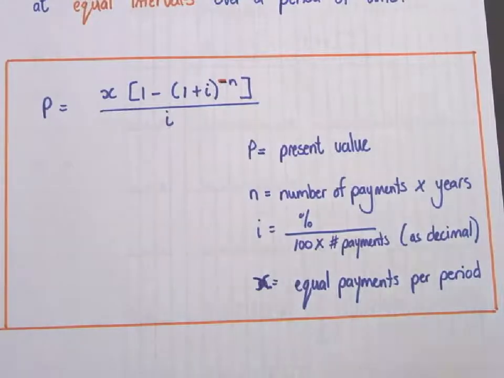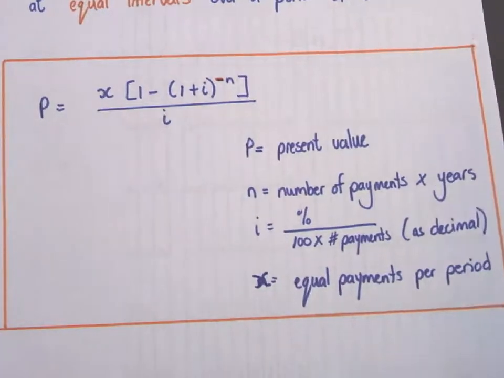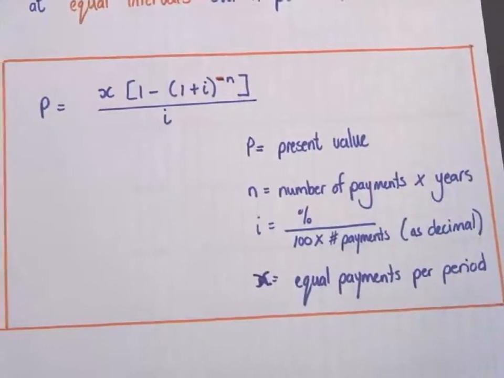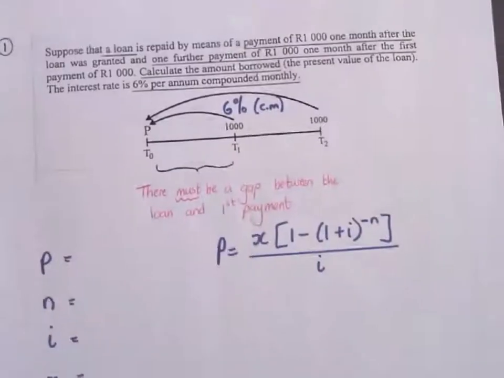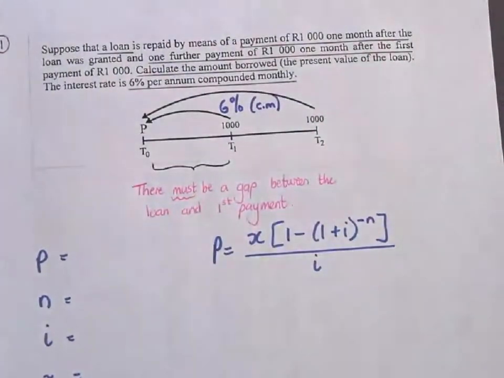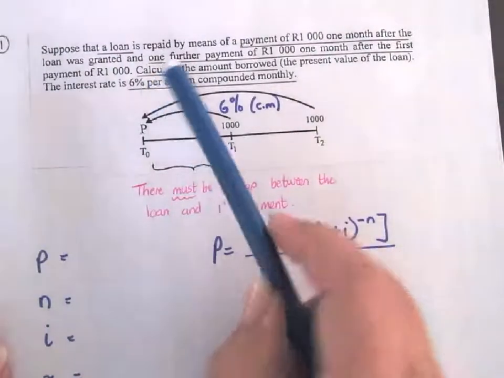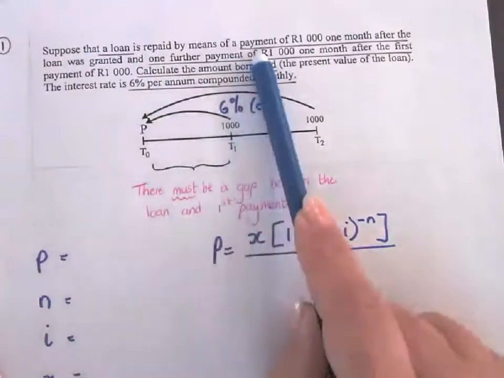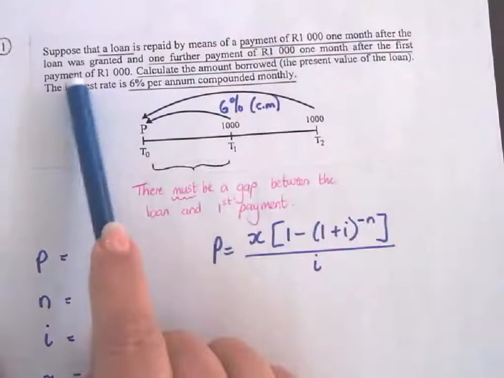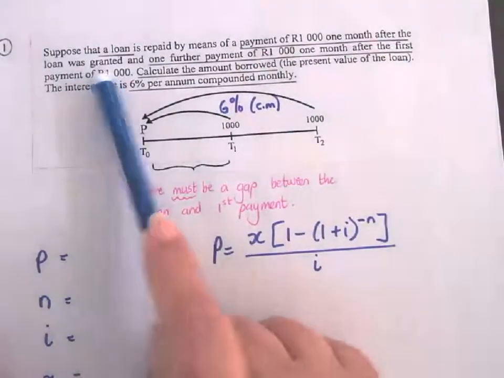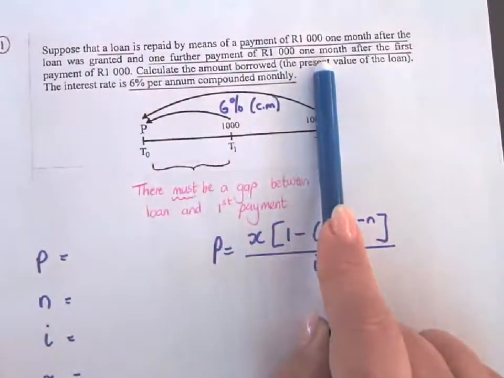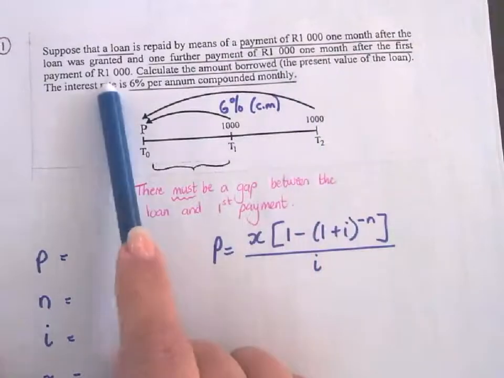Let's do the examples on page 10 and 11. In the first example, we have a loan that is repaid by means of payments of 1,000 Rand 1 month after the loan was granted, and one further payment of 1,000 Rand 1 month after the first payment of 1,000.